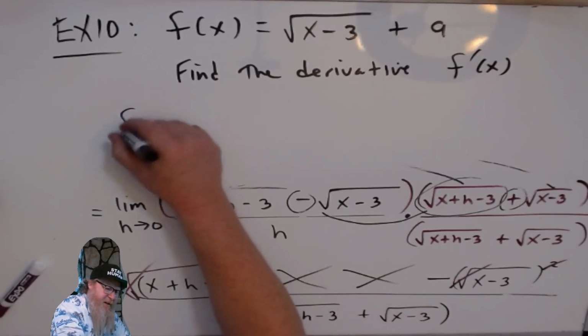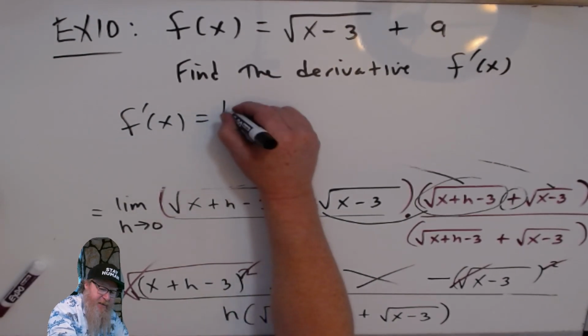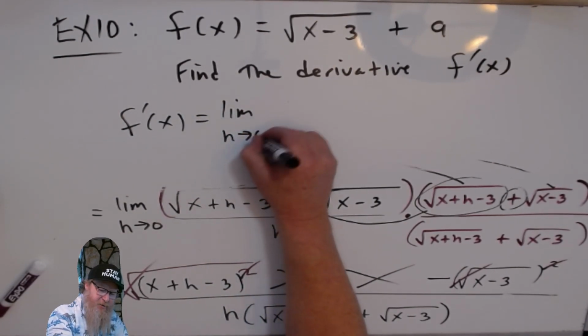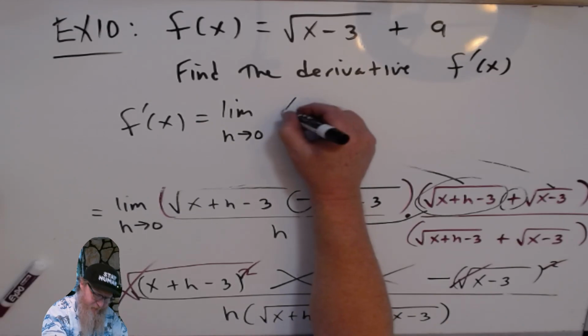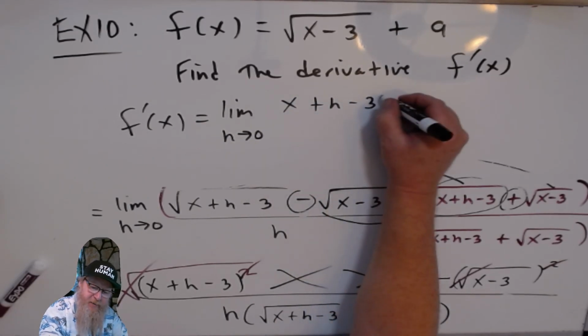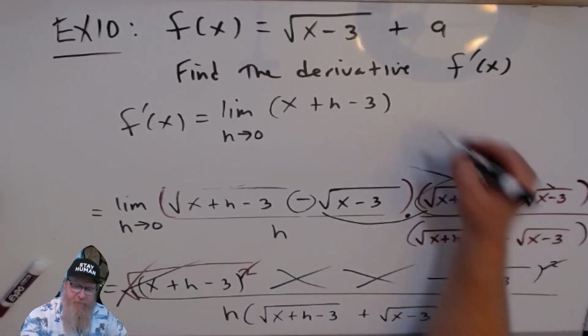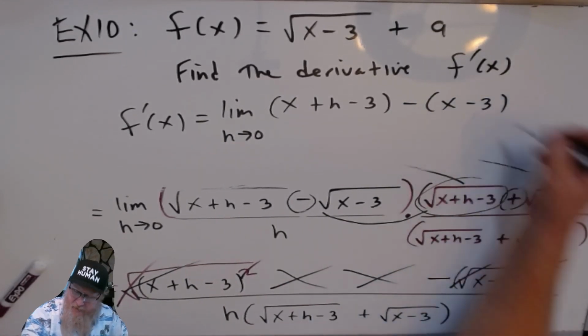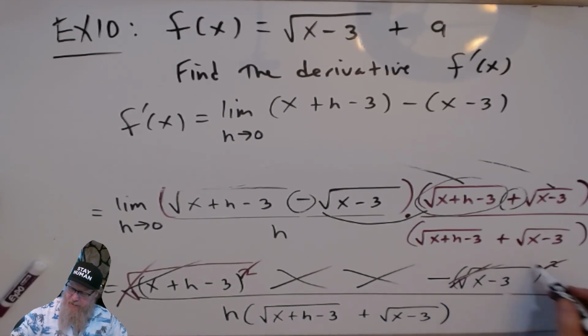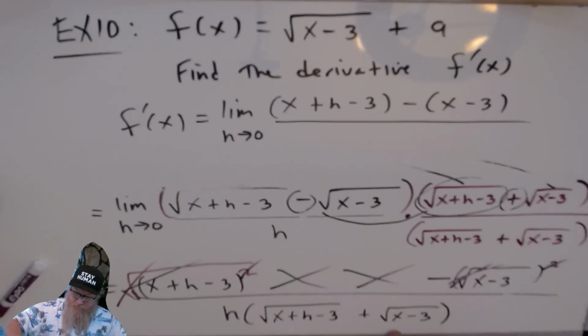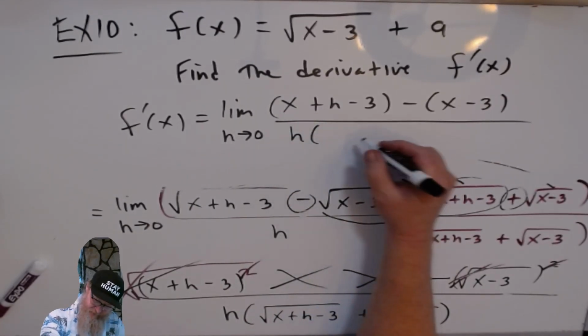And so I have f prime of x is the limit as h goes to 0 of x plus h minus 3 with no more square root, minus x minus 3, no more square root here, all over this messy denominator.